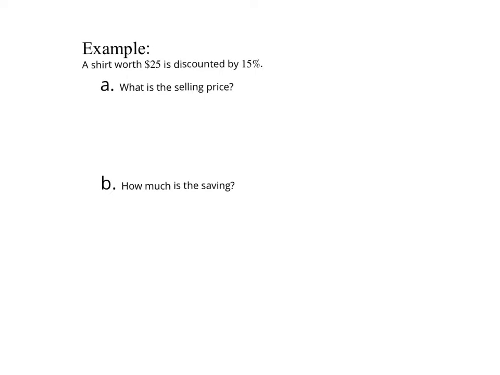In this example, a shirt worth $25 is discounted by 15%. Again, we know that our discount is in percentage. What is it in dollars and cents? So let's find the discount over here, because that's not what Part A is asking us to find. Part A wants us to find the selling price. So in order to find the selling price, we do need to know what the discount actually is. And the discount is 15% of the $25.